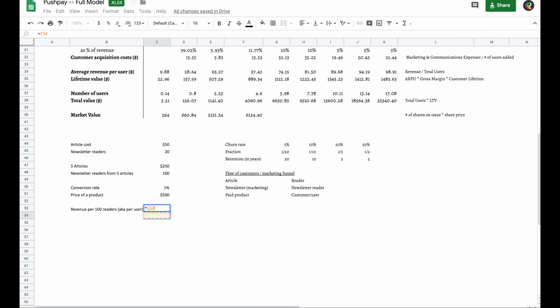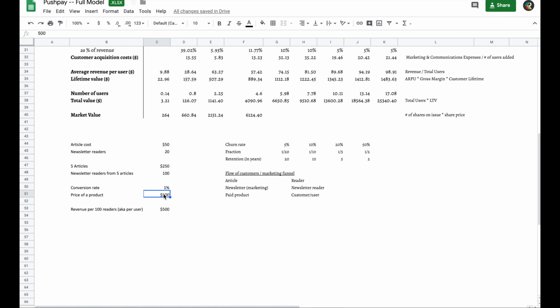Well, that's simple. We know that 100 are coming through, but only 1% of them are converting. So what we can do is we can go like this, multiplied like this, multiplied like this. So what we're saying is, and we know that this is this figure, only 1% of people out of 100 is very simple. Only 1% of people take on our product.